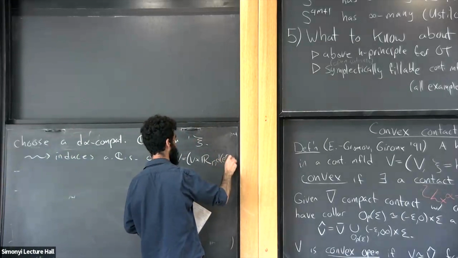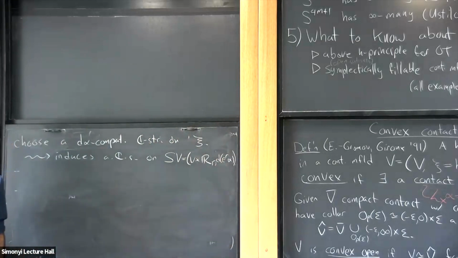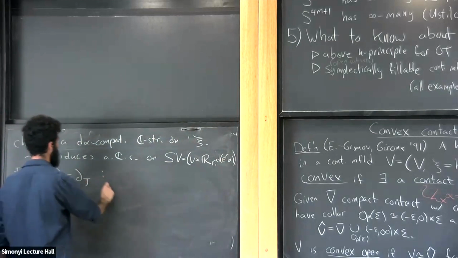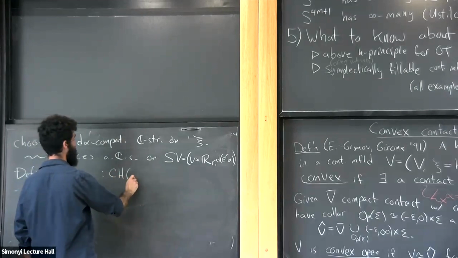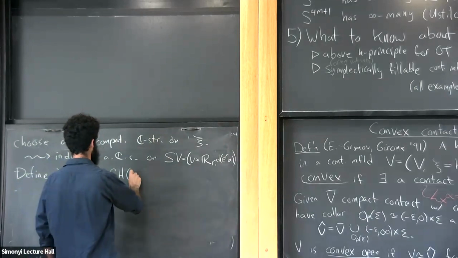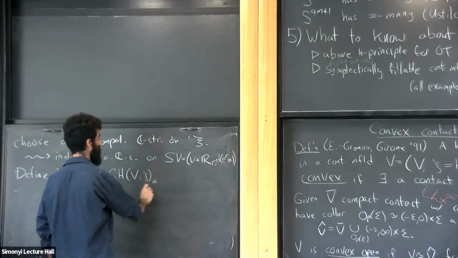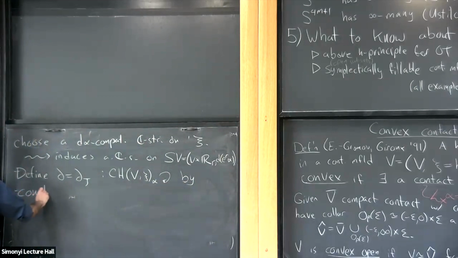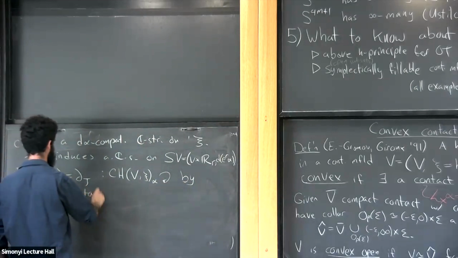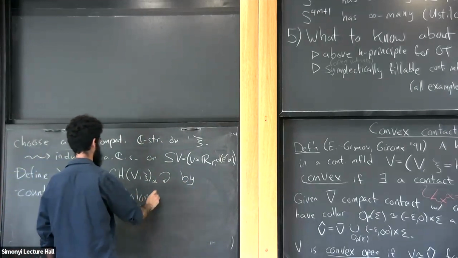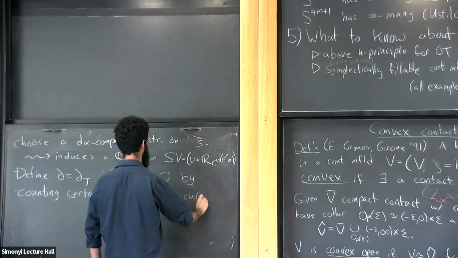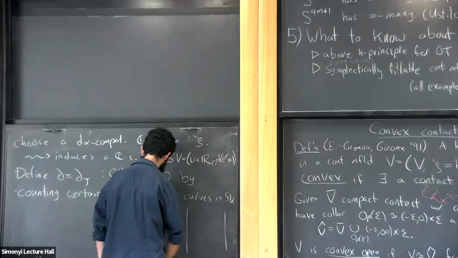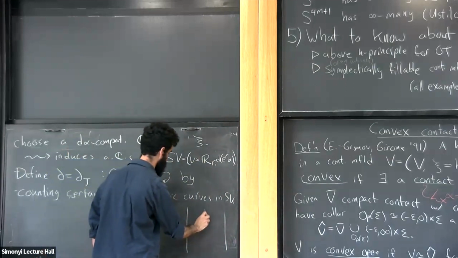With the usual contact form. And then we define a differential depending on J from this algebra to itself, using the usual kind of procedure by counting certain J-hat holomorphic curves in the symplectization. The particular curves we're interested in look like this.